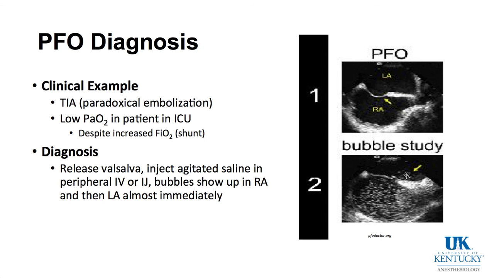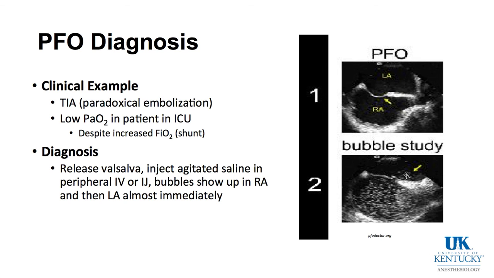But you may have to elicit conditions that put a patient at risk for opening up a PFO, and Valsalva is one of those. When you Valsalva, you perform a forced expiration against a closed glottis, so you're raising intrathoracic pressure. As you raise intrathoracic pressure and hold a Valsalva, venous return to the right side goes down.